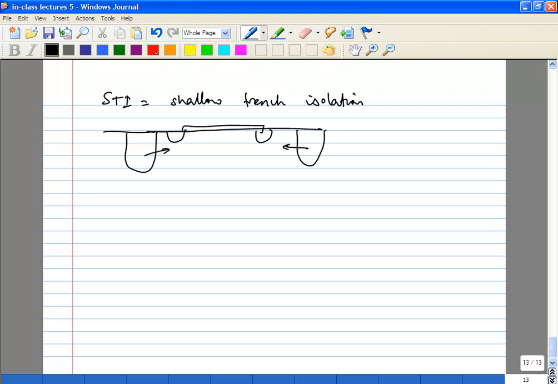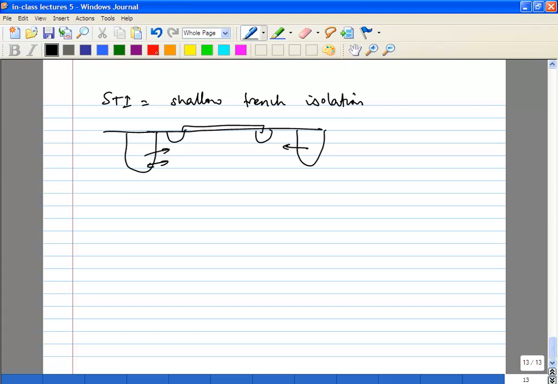The other thing is, if you add dummies on the sides, it helps isolate your main transistor from the effects of the trench. Obviously that will increase this distance, so that's another reason why you want some extra keep out region. There are a bunch of things like this.